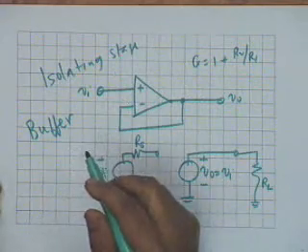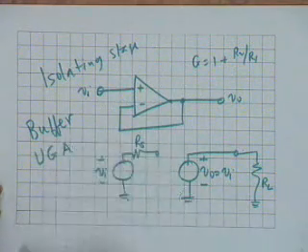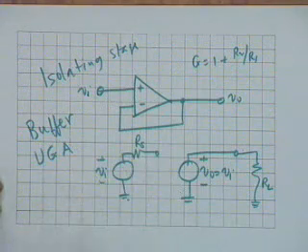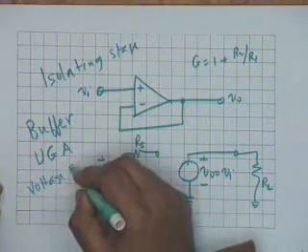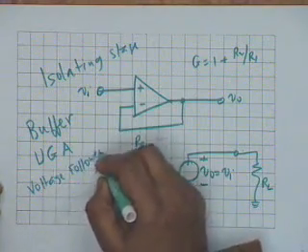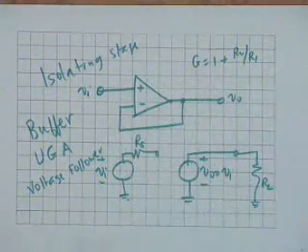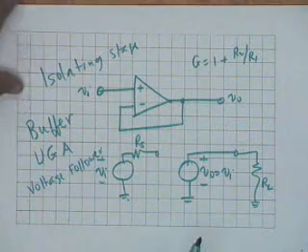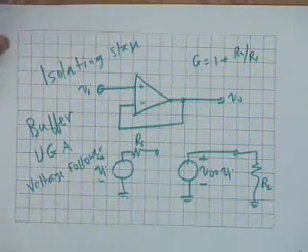It's also called a unity gain amplifier, UGA, or it's got various names. It is also called a voltage follower, that is, the output voltage follows the input voltage, and therefore it is called a voltage follower. It's a very important circuit to get a gain of +1.